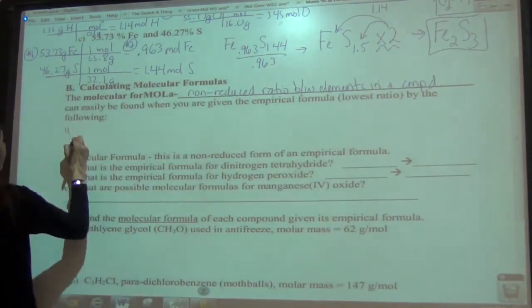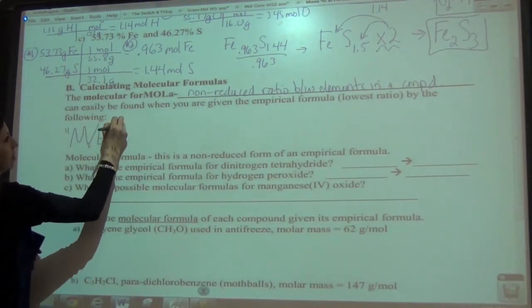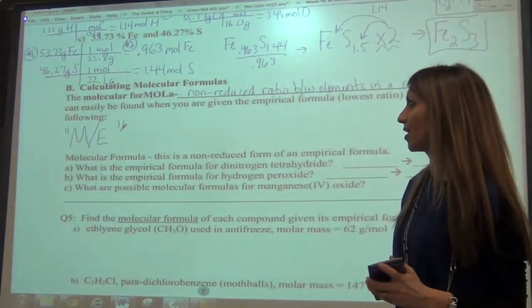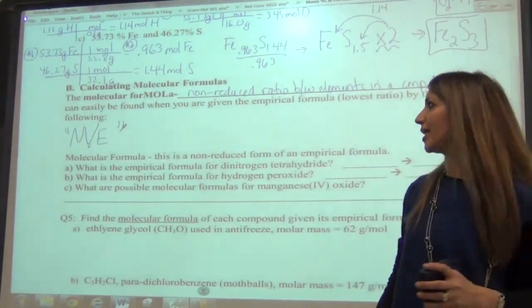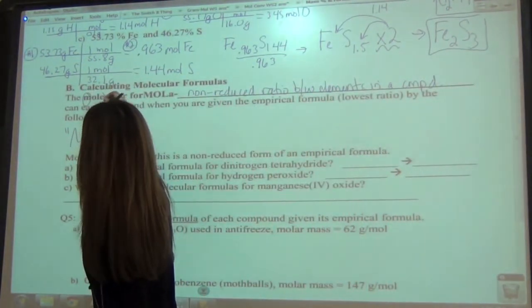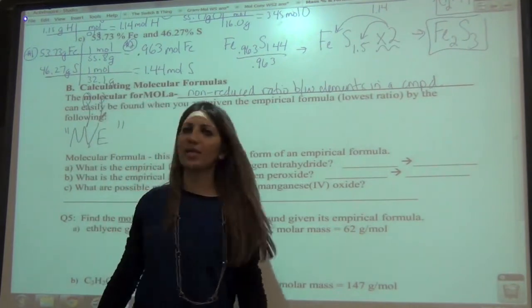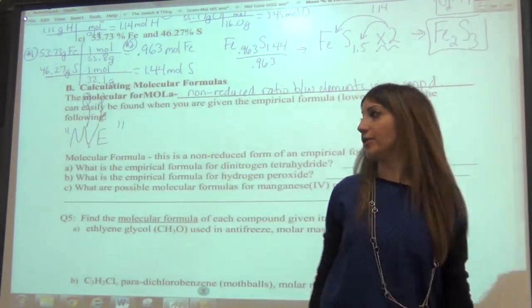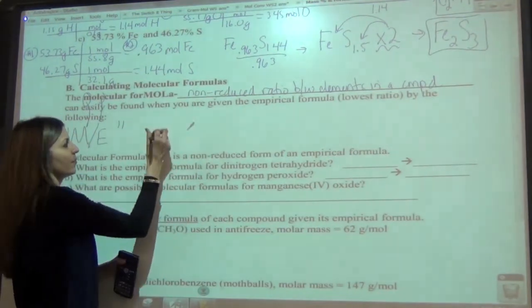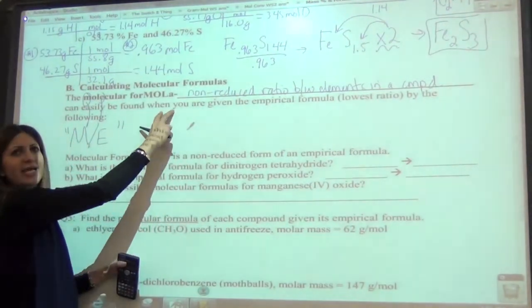I call it the me equation. M over E equation, the me. Everybody say the me equation. Me. Okay, so when you're doing the molecular formula, it starts with an M and it has an E. It's kind of easy. It's molecular over empirical. So here's how you do this. Leave a tiny, tiny bit of space right here.